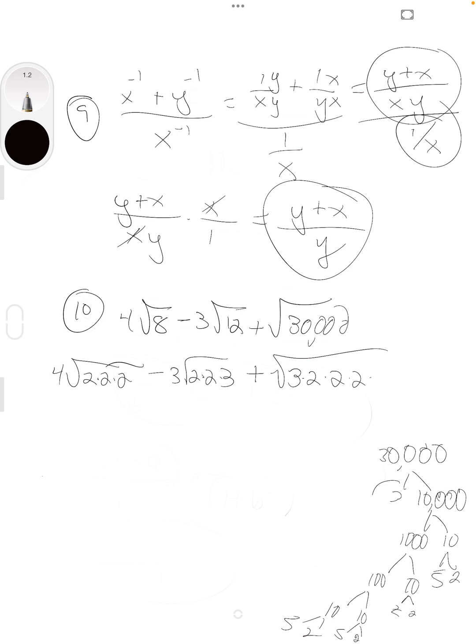So I have 1, 2, 3, 4, 5 2s, and I have a 3, and I have, wait a minute, that's a 3. So I have 1, 2, 3, 4 2s, and a 3, and then I have 1, 2, 3, 4 5s.